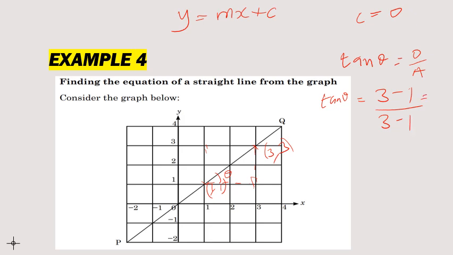That will be equal to 2 over 2. So tan theta will be equal to 1, since 2 over 2 is 1.